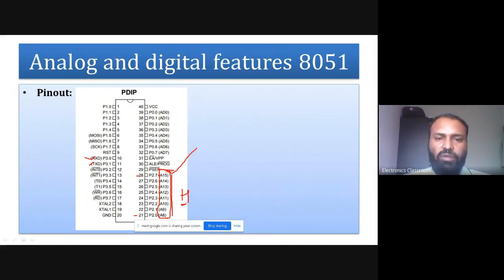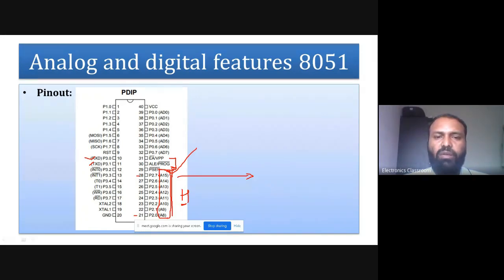And if you are using them for addressing purposes, then you can use those pins to connect the address lines of memory or any other device. Then those are the pins used for special functions, and they have various functions.